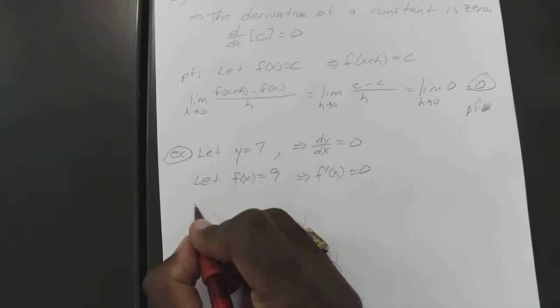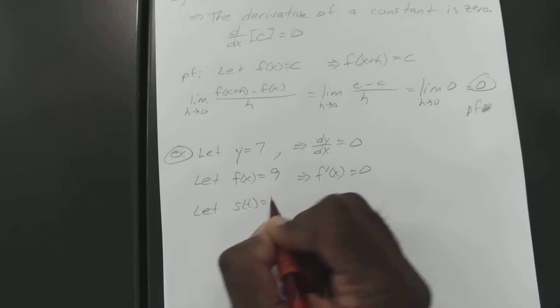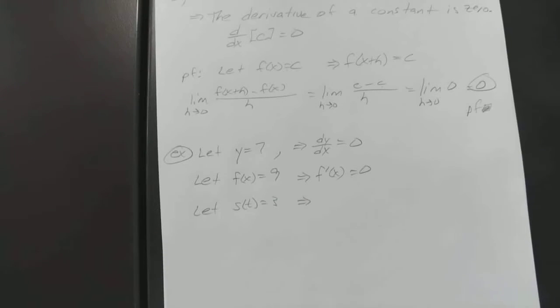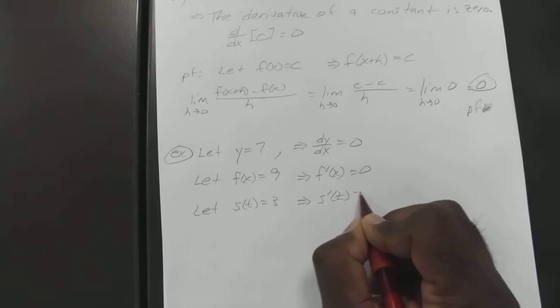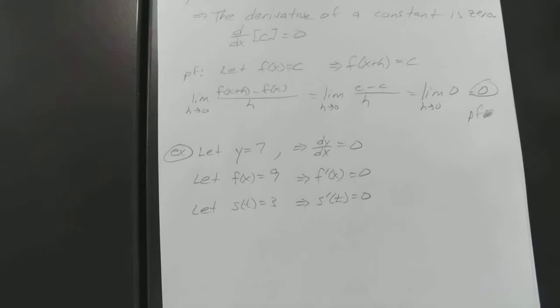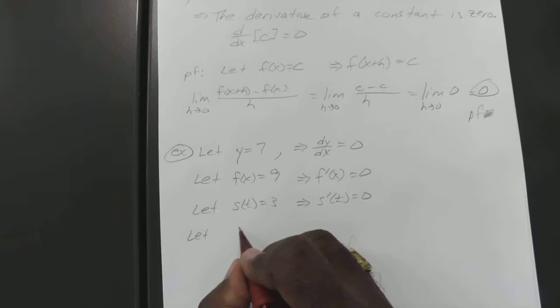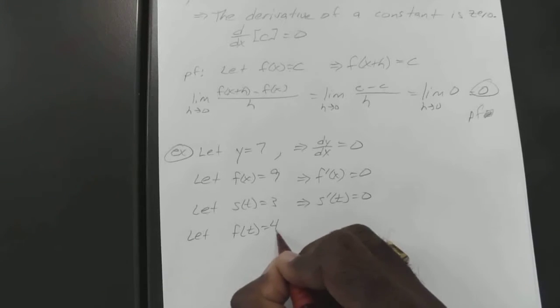Let's say we let s of t equal 3. Then s prime of t is going to equal 0. No matter what the constant is, it's just going to equal 0 each and every time, even if, let's say, we let f of t equal 4 pi squared.